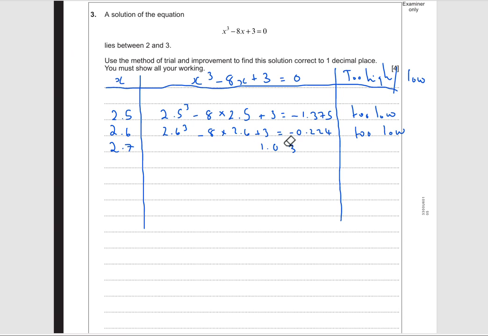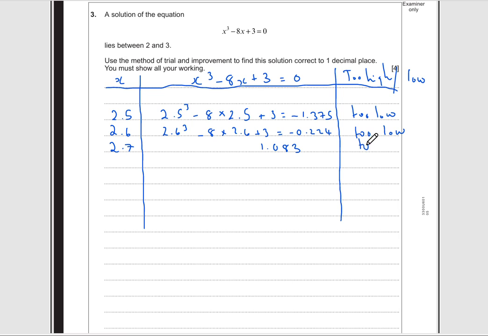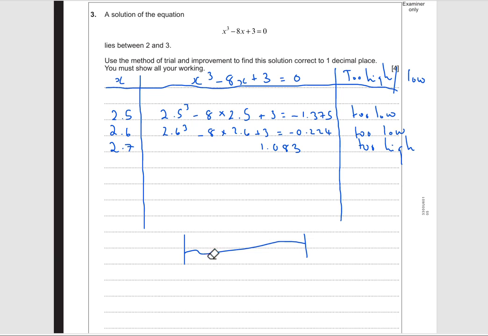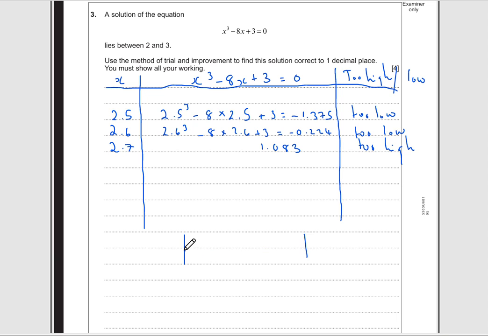Okay, this one is too high. We're narrowing in. So what we need to think about now is, is our solution going to be closer to 2.6 or to 2.7?